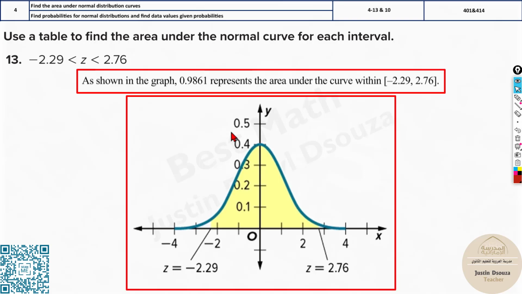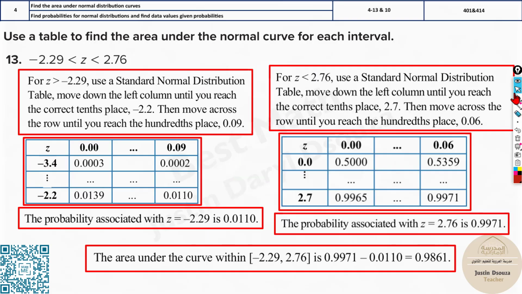Now, how would you exactly get this answer? That's very simple. Look over here. This is the curve. I know this is 1 point. Imagine this is 1 and this is 2. Just for example's sake. Now, what is the distance between these two? It will be 2 minus 1. Same way, I know that point over here for the greater point is 0.9971 minus 0.0110.